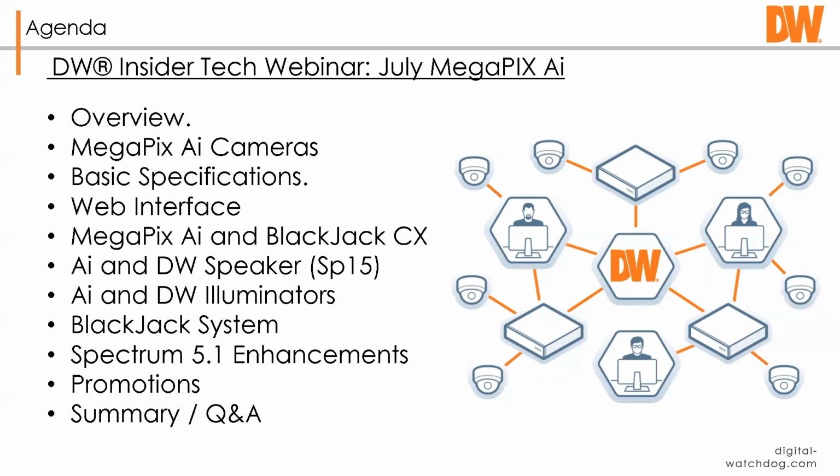We've done a whole webinar on the speakers, but AI and the speakers, AI in our illuminators. We released yesterday, but it was like a soft release, and it's on our website, Spectrum 5.1, what the changes are to that, a little bit about a summary, some other information for you on training.